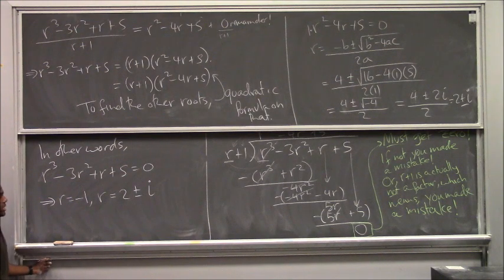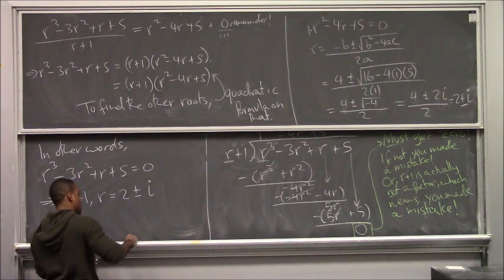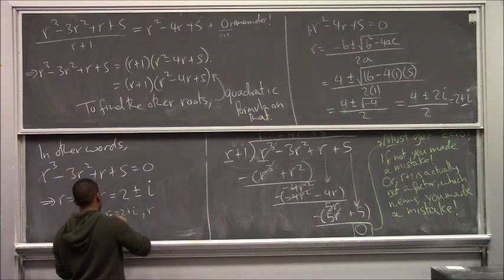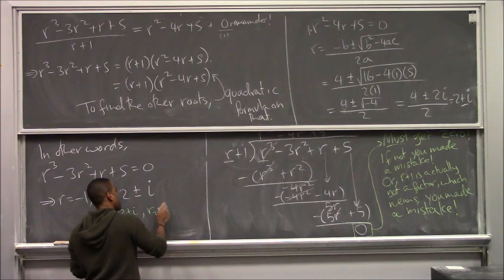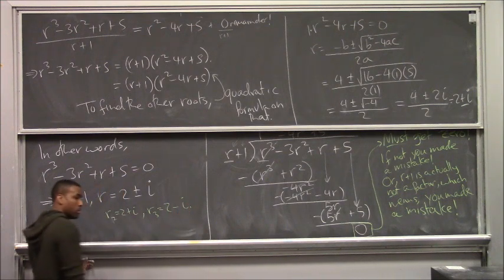This you'll notice will actually give you 3 roots. Here, your r1 is minus 1, your r2 is going to be 2 plus i, and your r3 is going to be 2 minus i.